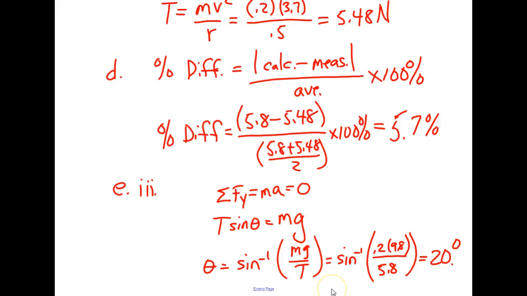Substitute, and we've got theta to be the inverse sine of mg over T, and that would be the inverse sine of 0.2 times 9.81 over 5.8, and we are using the actual tension recorded in the spring scale for that, and that gives you an upward angle of 20 degrees.